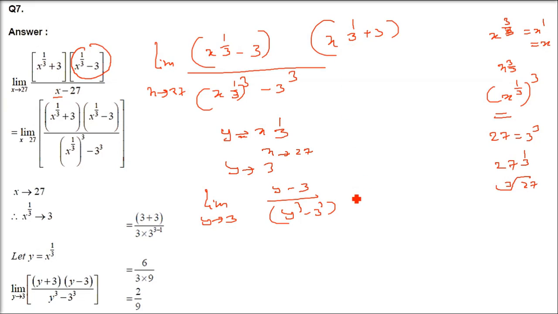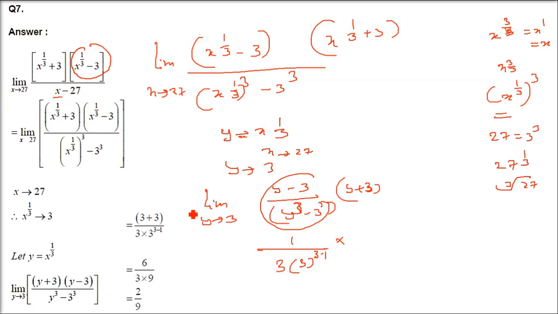So now you can write it as y minus 3 by y cube minus 3 cube, and you have this y plus 3. So this is a formula: y cube minus 3 cube by y minus 3 inverted. So n a to the power n minus 1. n is 3, a is 3, so 3 to the power n minus 1, that is 3 minus 1 is 2.